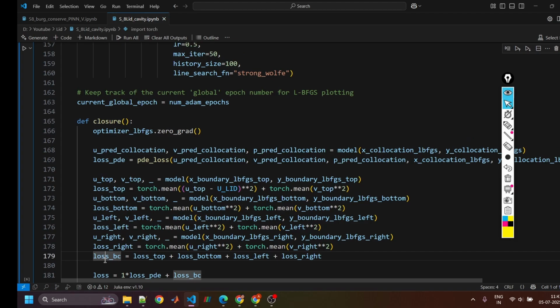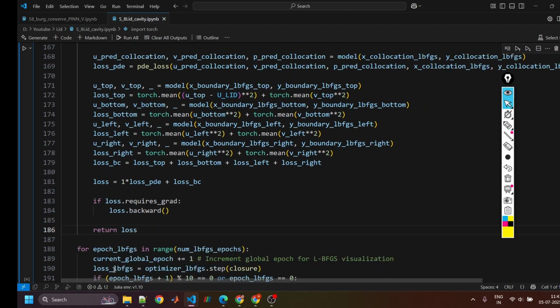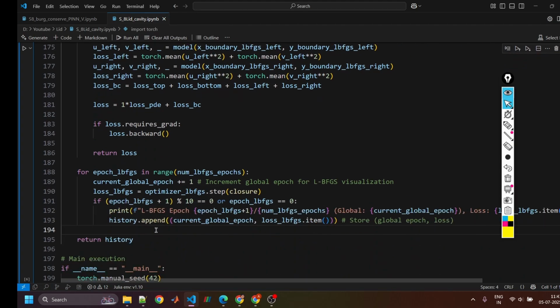Then we are calculating the loss using this formula, 1 times PDE loss plus boundary loss. Here we are using this because our final iteration is on LBFGS, where we have given equal weightage to PDE and boundary. So whenever we are calling this LBFGS optimizer, we should give the closure as the argument to the optimizer.